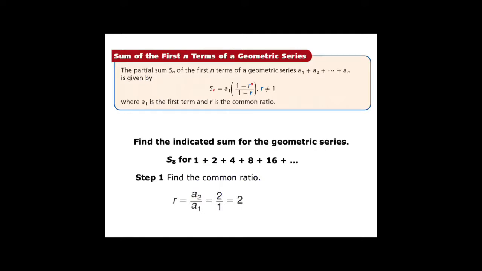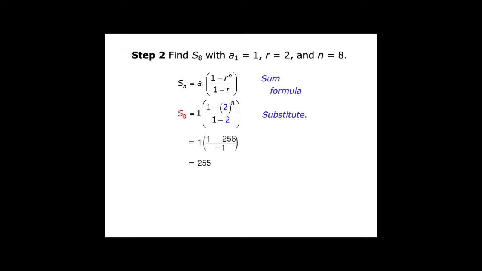So find the indicated sum for the geometric series. Step 1, find the common ratio. Step 2, find s sub 8 with a sub 1 equals 1, r equals 2, and n equals 8.